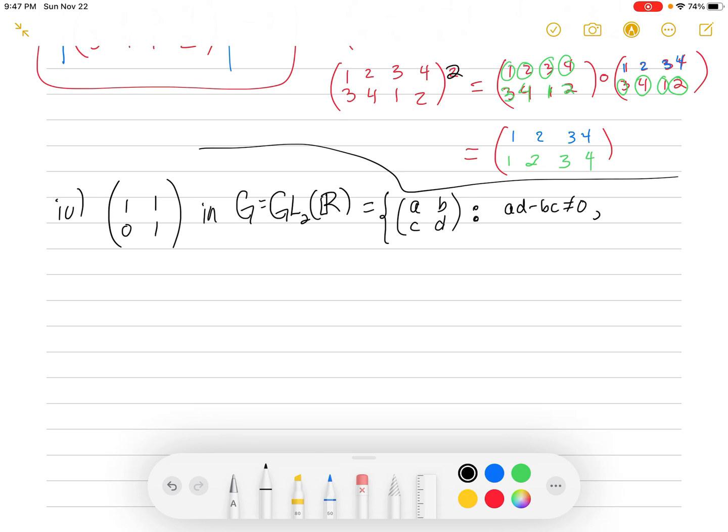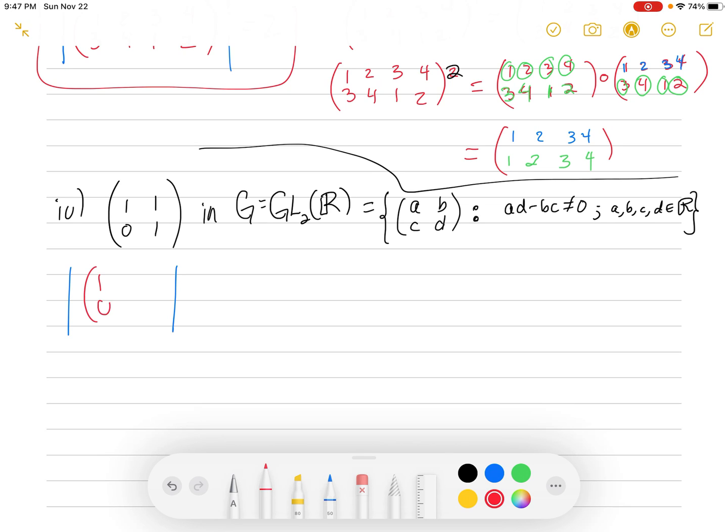So the determinant's not 0, and A, B, C, and D are real numbers. So this matrix, 1, 0, 1, 1, with 1, 0 in the first column and 1, 1 in the second column, is definitely invertible because it has a determinant of 1. So we want to find the order of this.